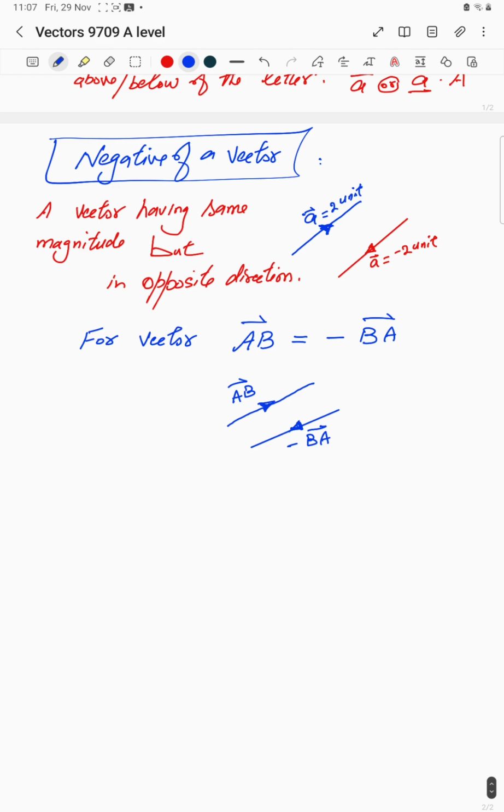One more important thing before we start the questions: you need to know about 3 dimensions. We have the x-axis, y-axis, and z-axis, and the unit vectors are i, j, and k. Suppose we have a vector lying in the three-dimensional plane.